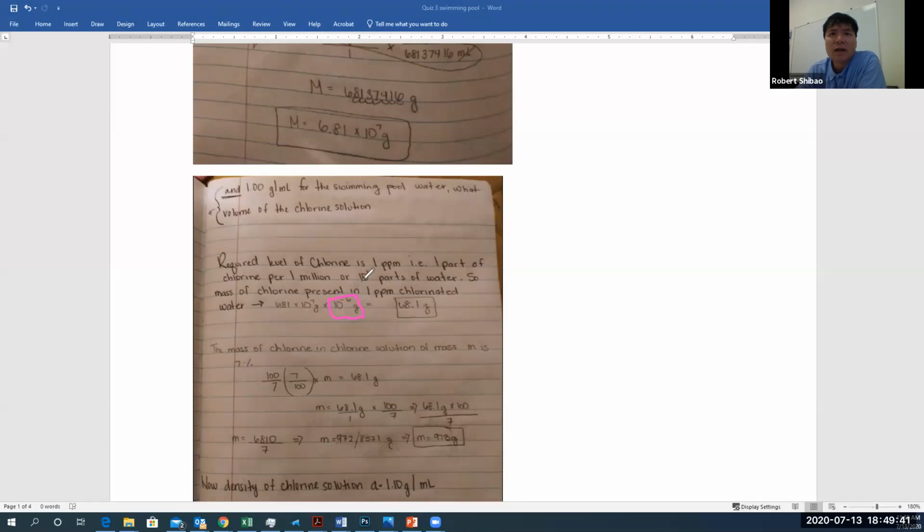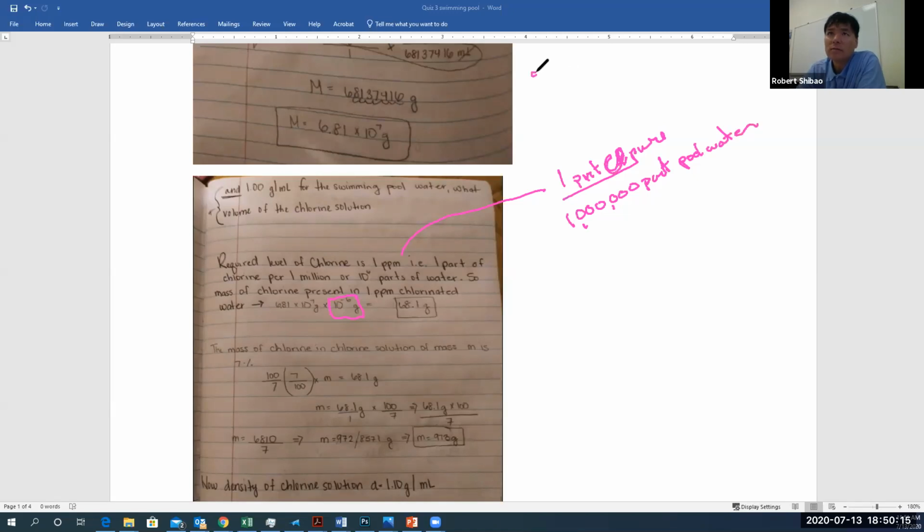Instead, 1 ppm is 1 part of chlorine, Cl, for a million parts of pool water. So this is pure chlorine per million parts of pool water. And so this is a part per million.